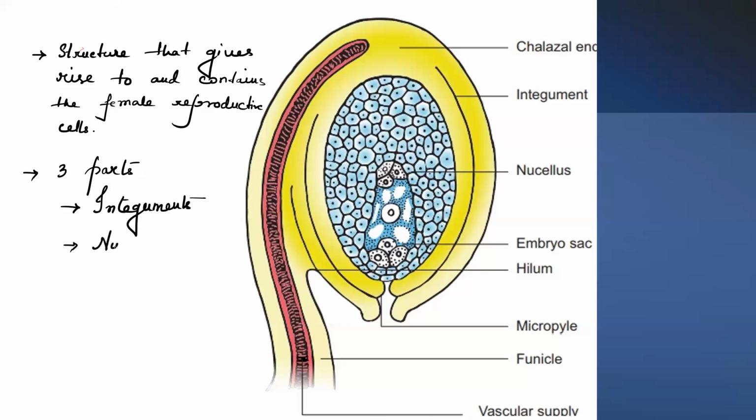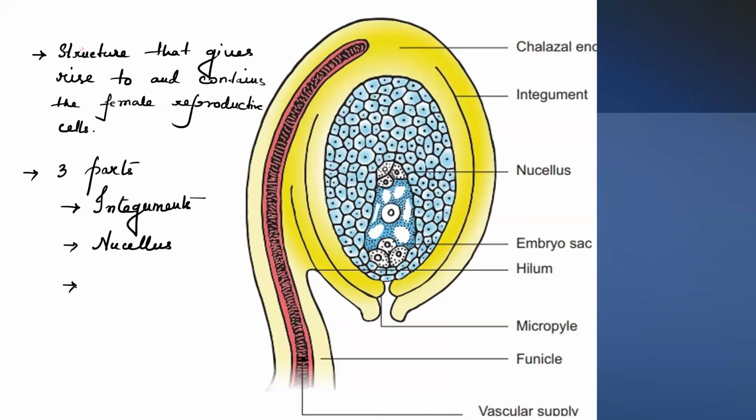What is this nucellus? Nucellus is the remnant of the megasporangium, right? And it contains the female gametophyte, which is formed from a haploid megaspore that is there in the center.